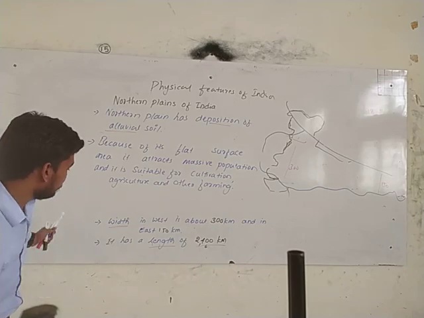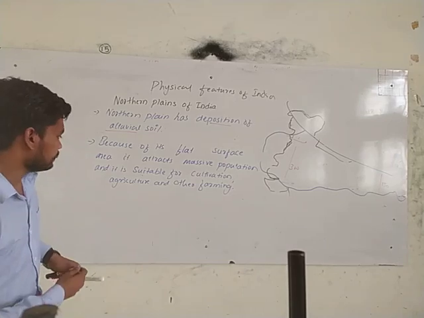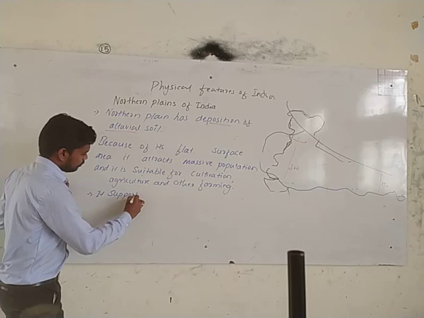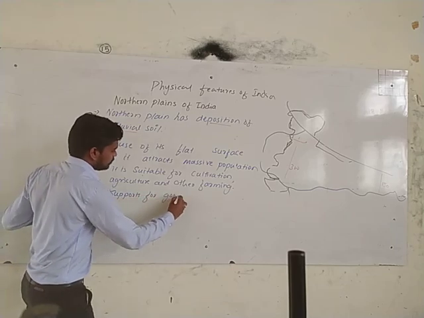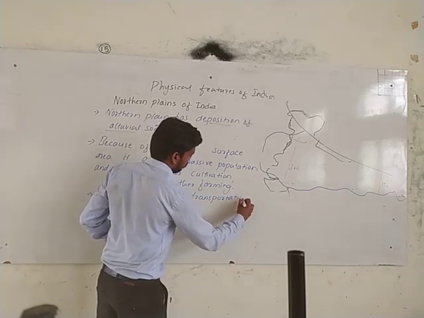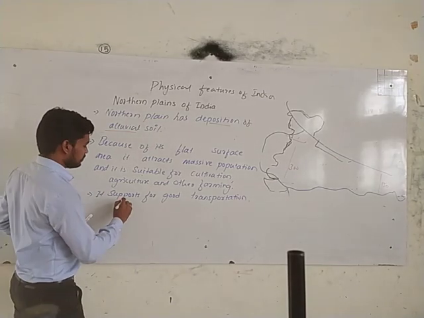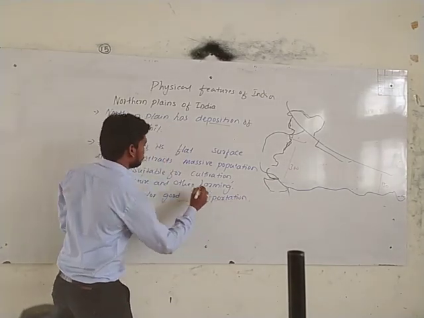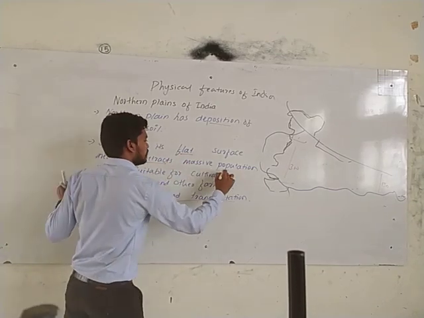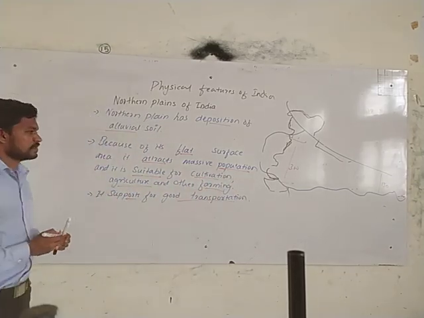This plain area also supports good transportation with the flat surface. So for that reason the people tend to settle in these areas. Because of a flat surface, it attracts more population, and it's suitable for cultivation, farming, and agriculture.